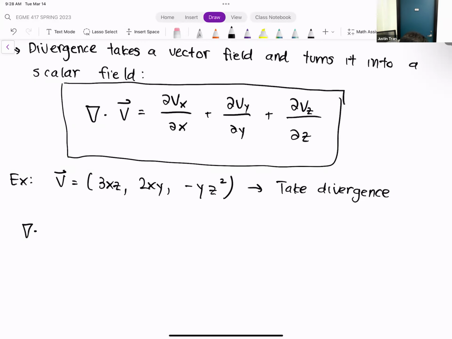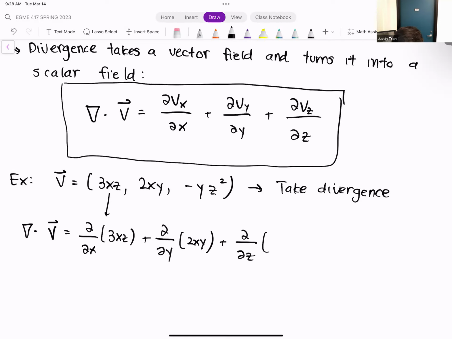So the divergence of the vector field v, we're going to take each component and take its respective partial derivative. We're going to take partial x of the first component, so partial x of 3xz, plus partial y of 2xy, plus partial z of minus yz squared.